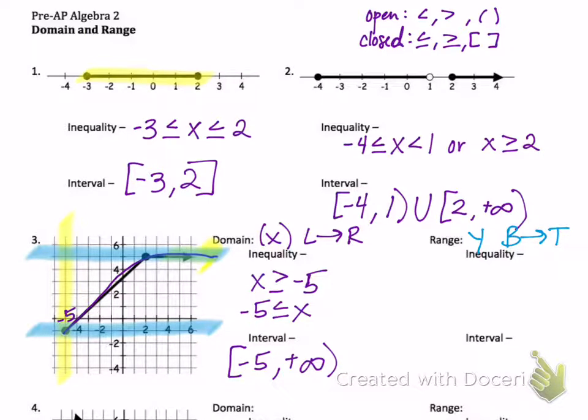It starts at -1. So -1 is less than or equal to y. And then where does it stop? At 5. And it doesn't go anywhere higher than 5. So I stop at 5 because it's a horizontal line there. And does it have a closed circle at 5? Yes, so I would say less than or equal to 5. And then for interval notation, I would have bracket -1, comma, 5, bracket.